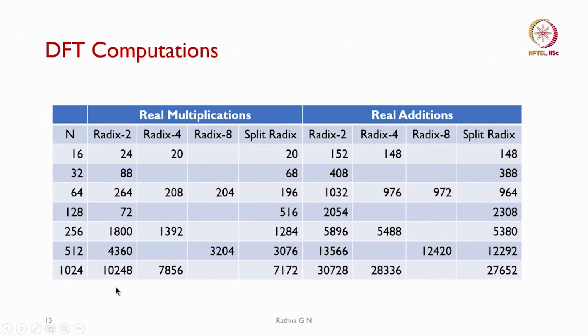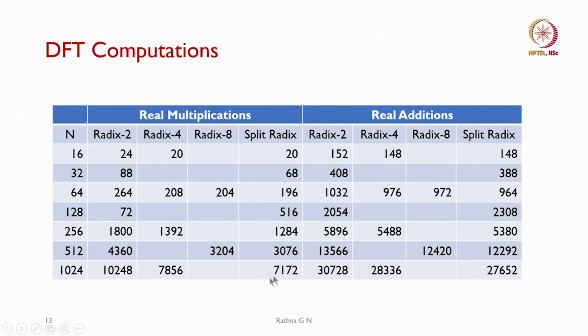For radix 2, as you can see, it needs 10248 real multiplications and 7856 in the case of radix 4. So, you will see how much difference you get with radix 4 compared to radix 2, and we cannot implement this in radix 8, so nothing has been given.